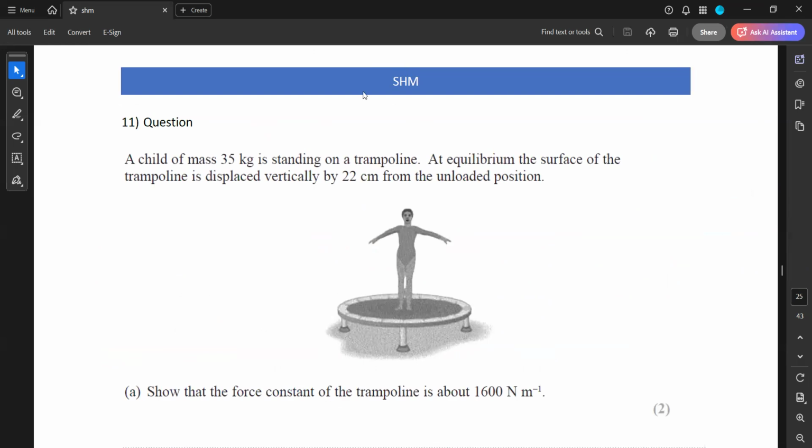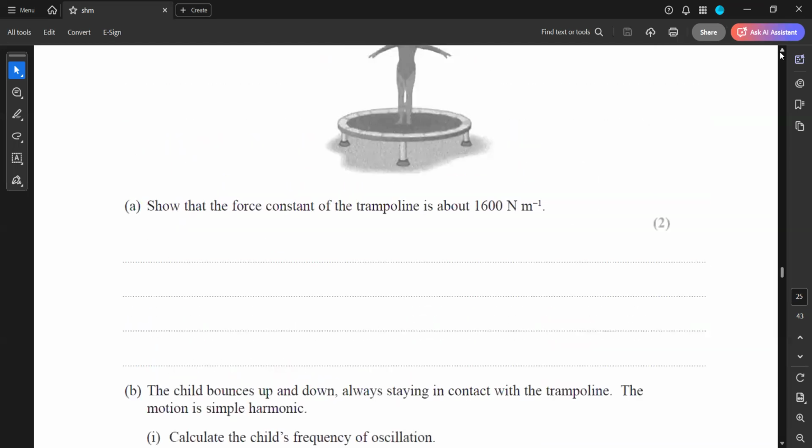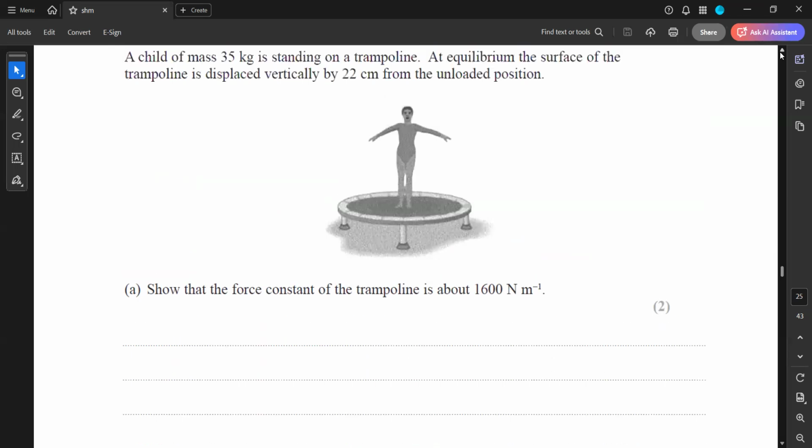The next is a child of mass 35 kilogram standing on a trampoline. At equilibrium, the surface of the trampoline is displaced vertically by 22 centimeter from the unloaded position. So it means it has moved 22 centimeter from the unloaded position. The first part: show that the force constant of the trampoline is 1600 Newton per meter.